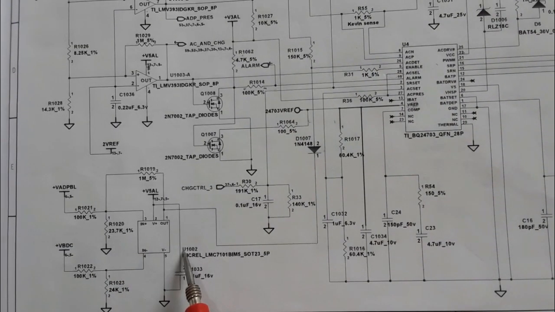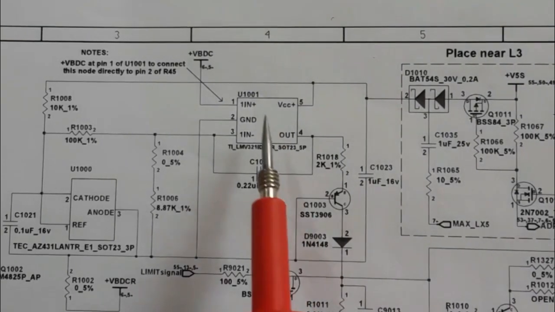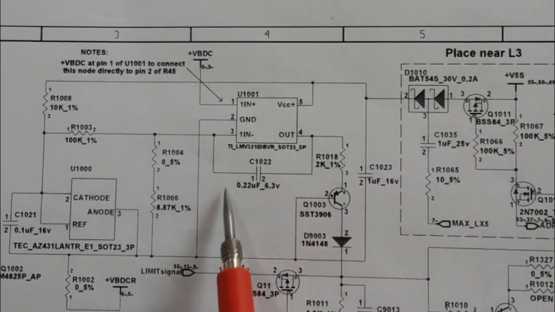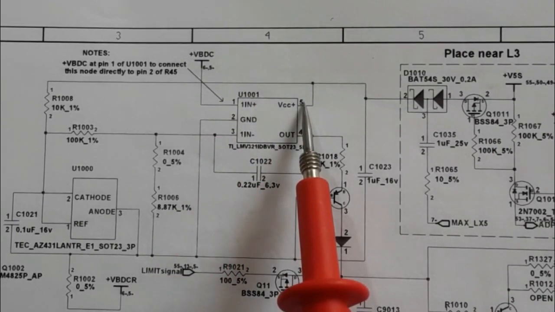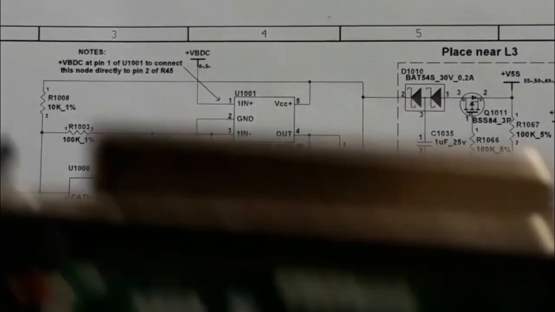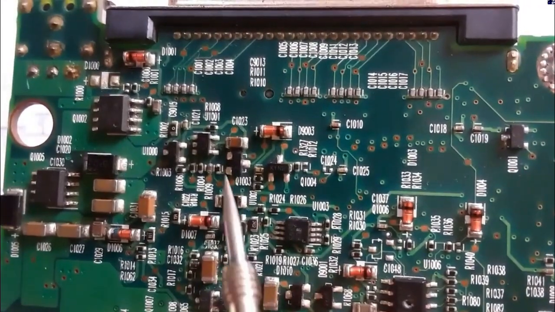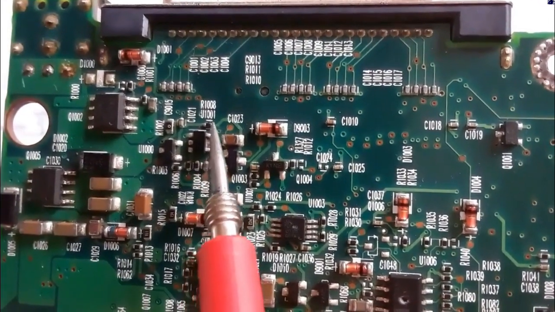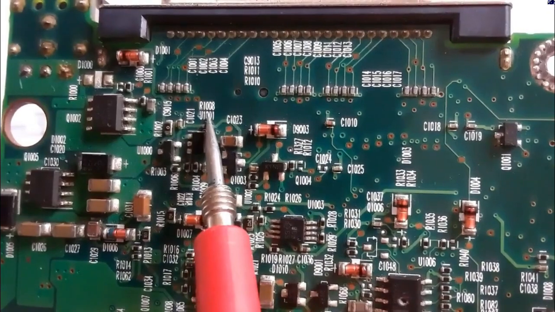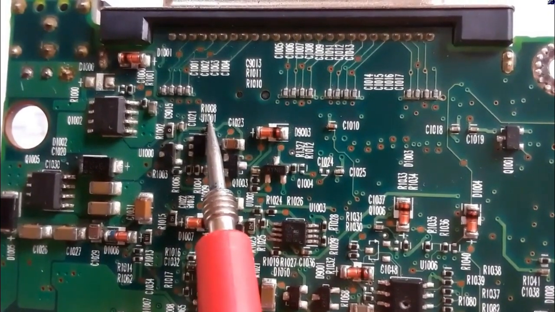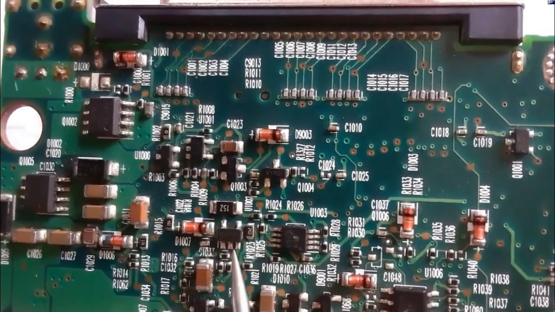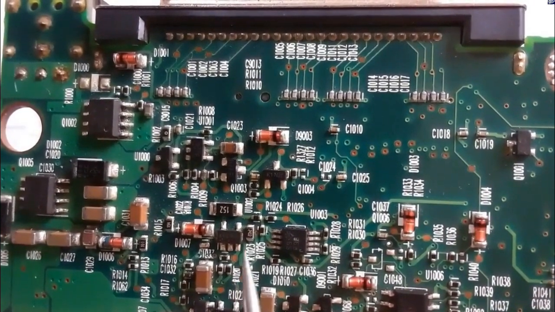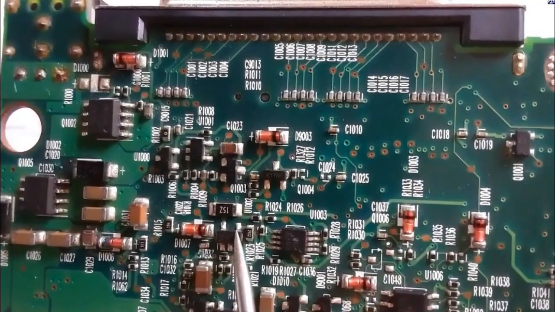Here we have another IC with 5 pins, with the same working principle as the IC we have seen. This is a voltage converter IC. We have U1001, with 5 pins. Here, the same as this, U1002.